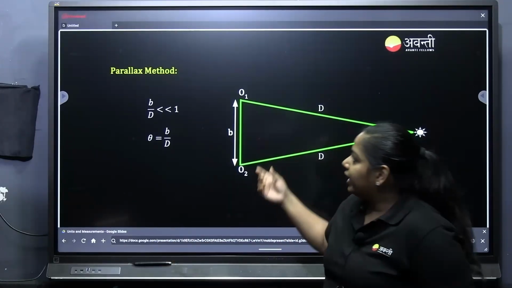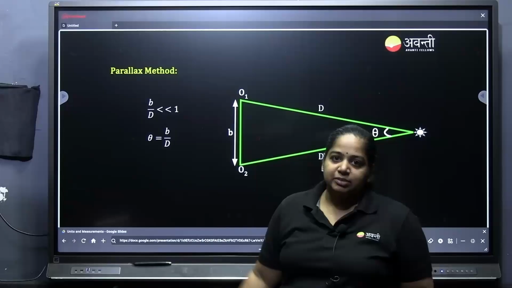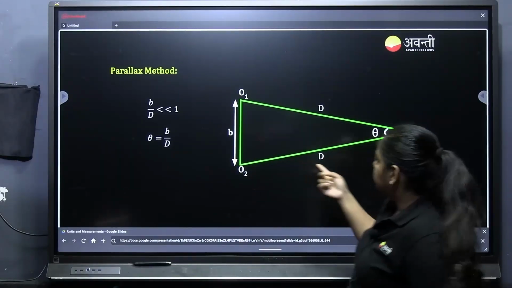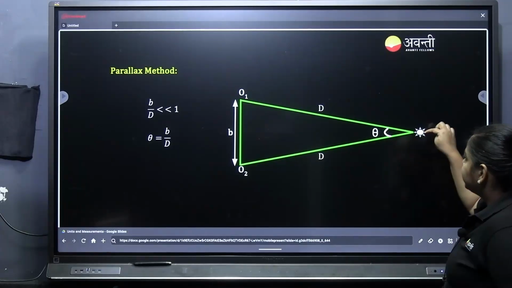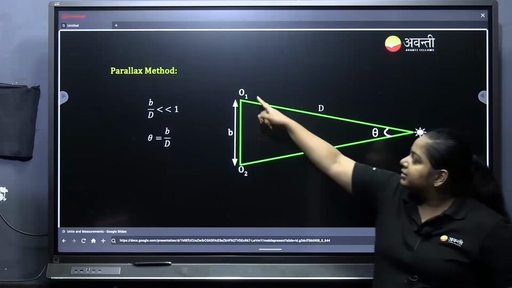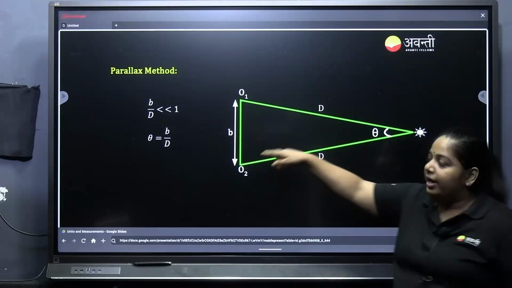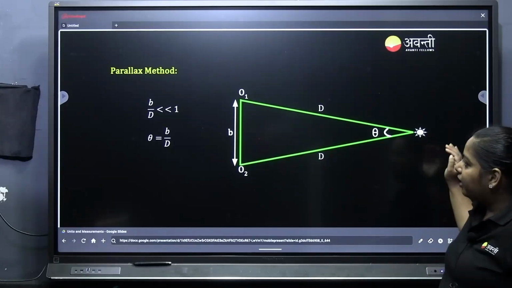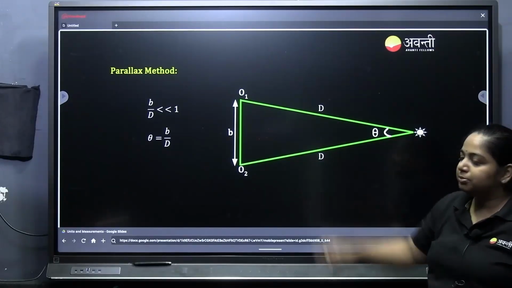So similarly, there is a method called parallax method. There are two uses for it. First use is, let's say an object is at d distance. This is a star and these are two locations on earth and it is at d distance from earth. And we can find that d distance by what?